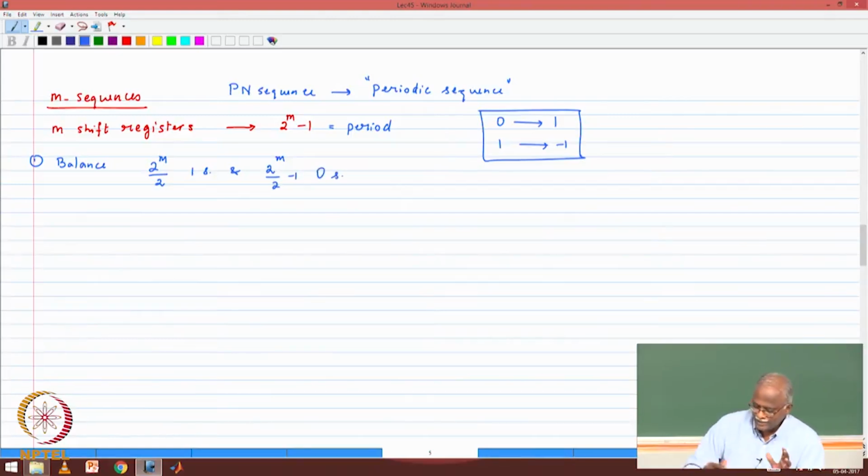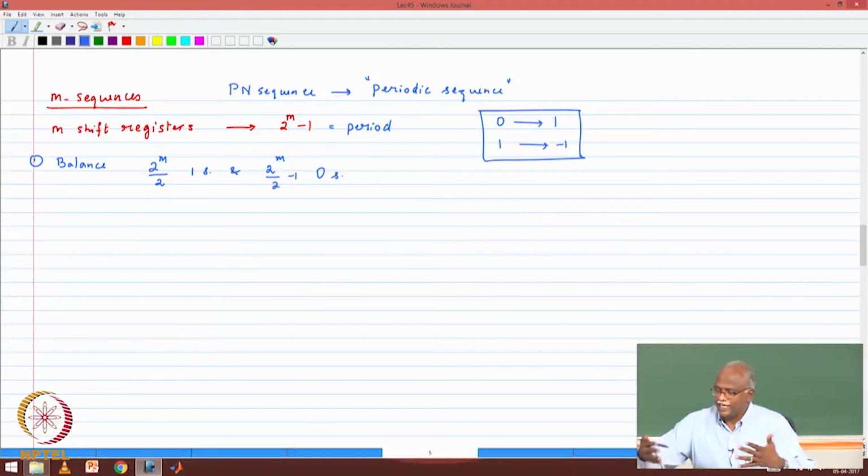So once they get mapped, there's one extra minus 1 in the overall sequence in the bipolar values. Because of this property, when I add any of these M sequences, I will always get the same value. The ones and minus ones will start to cancel each other, and I'll be left with a -1 at the end if I add any of these M sequences, in the bipolar representation.